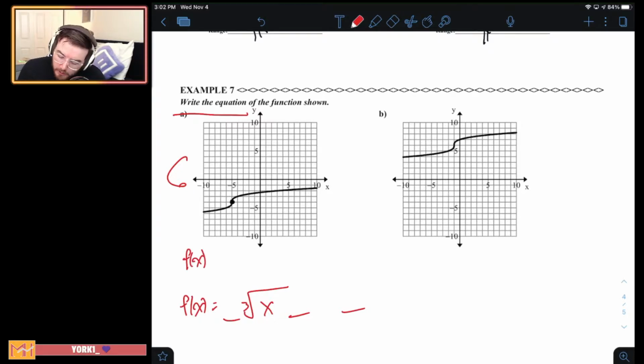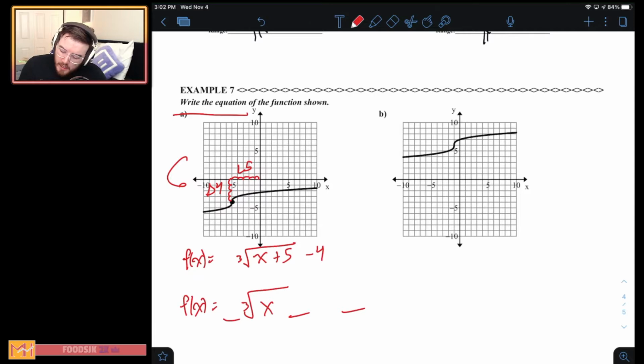It's been moved left 1, 2, 3, 4, 5, and down 1, 2, 3, 4. So left 5, down 4. So the cube root of x plus 5 for left 5 and minus 4 for down 4.